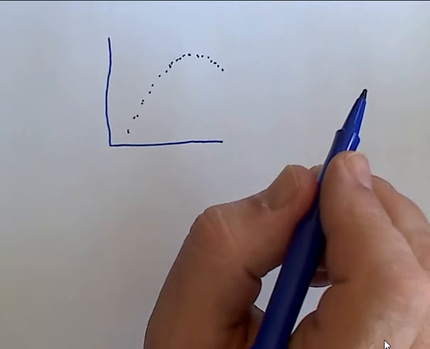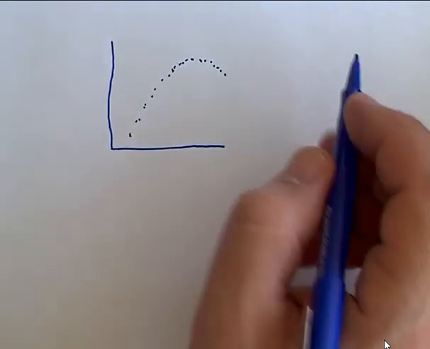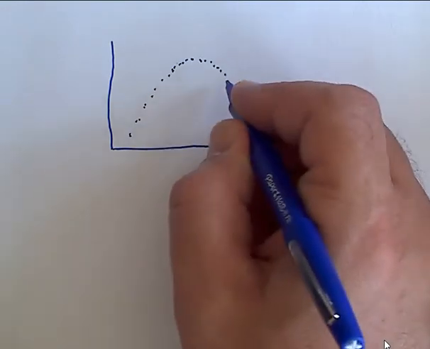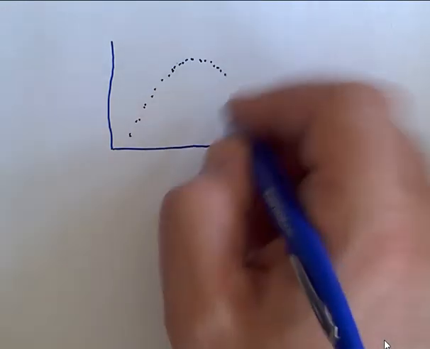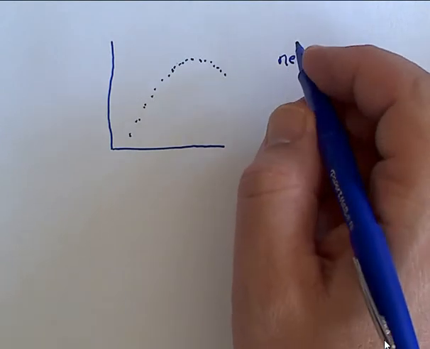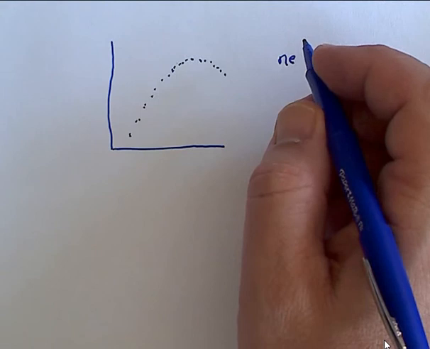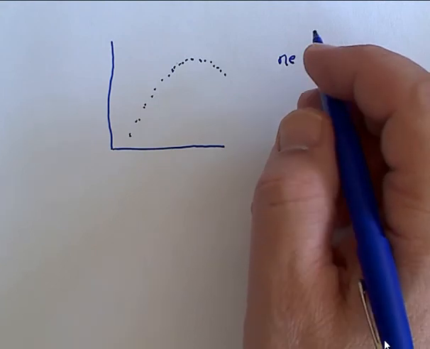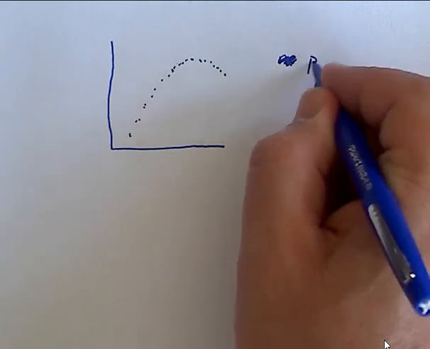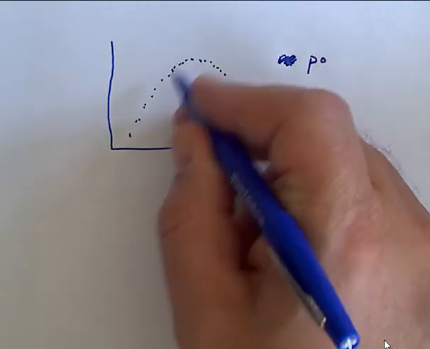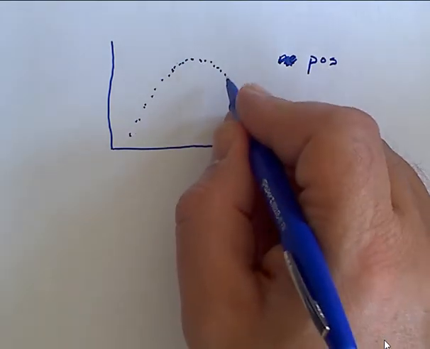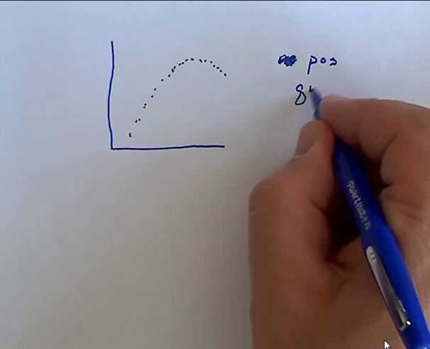This does have a relationship, it does have a correlation. Excuse me, we're going to call this a positive correlation because it's going up first. And because of the curve and it starts to come down, we're going to call this quadratic.